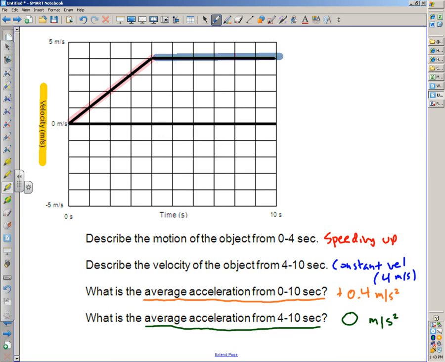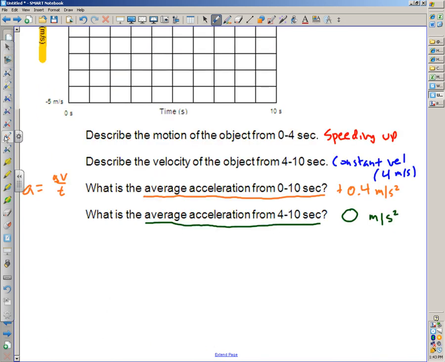Now, acceleration. We defined acceleration as the change in velocity over time. So if we take a look at the entire trip from 0 to 10 seconds, to find the change in velocity you need to know two things. What do you need to know? Initial and final. We said that delta V is V final minus V initial, so we can rearrange that equation to look like this.